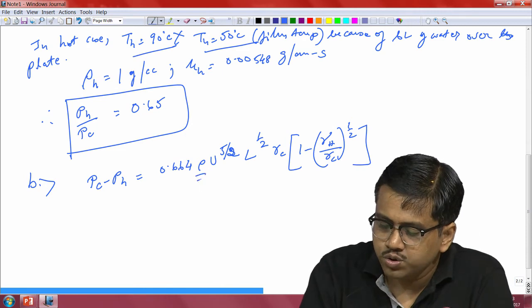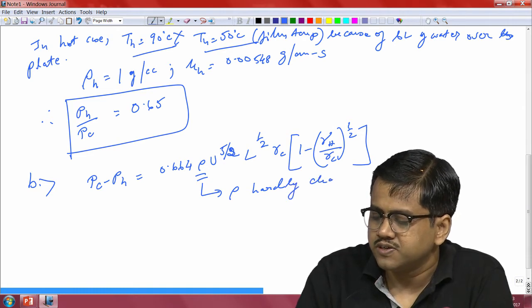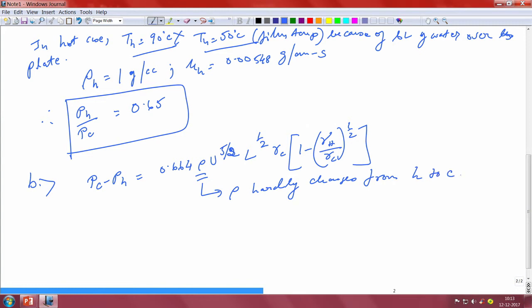We have taken rho to be constant because rho hardly changes from H to C. That gives a good indication that if rho does not change by much, it is just the kinematic viscosity change, or rather the dynamic viscosity change, which is creating all the problem.